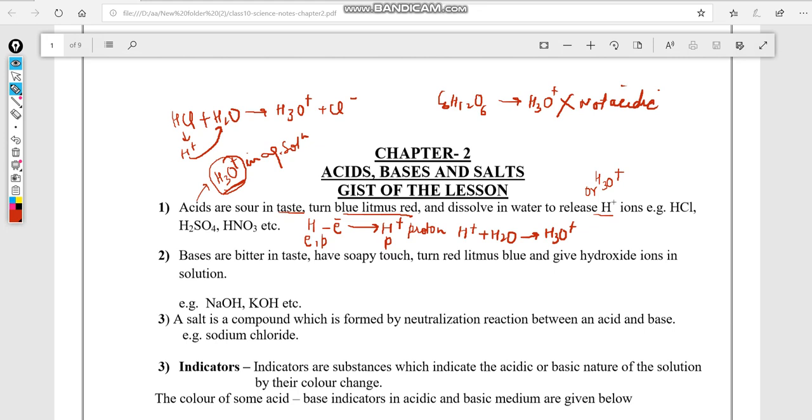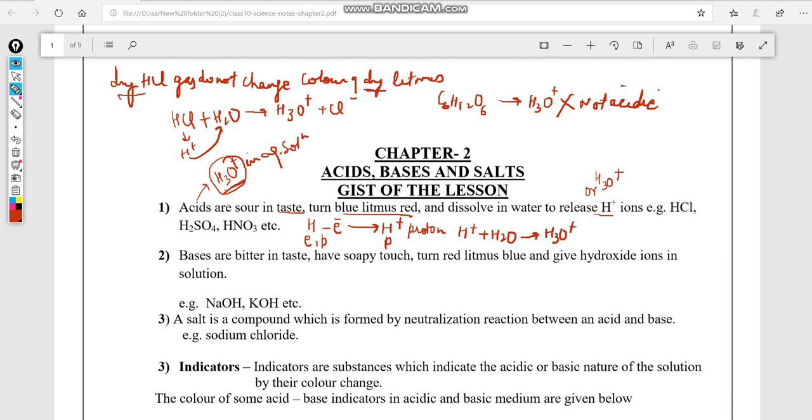Okay, next. Why does blue litmus turn red? Due to the presence of these hydronium ions. Next question. Dry HCl gas does not change the color of dry litmus paper. Why?